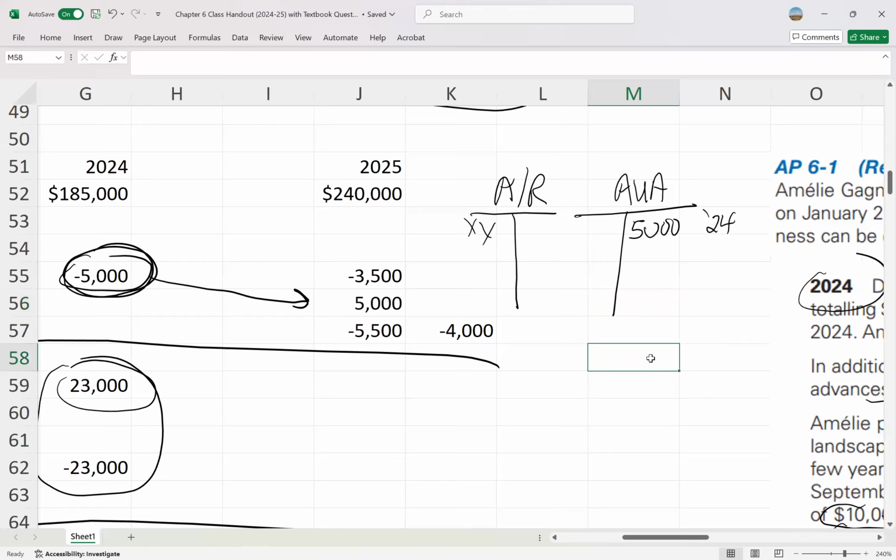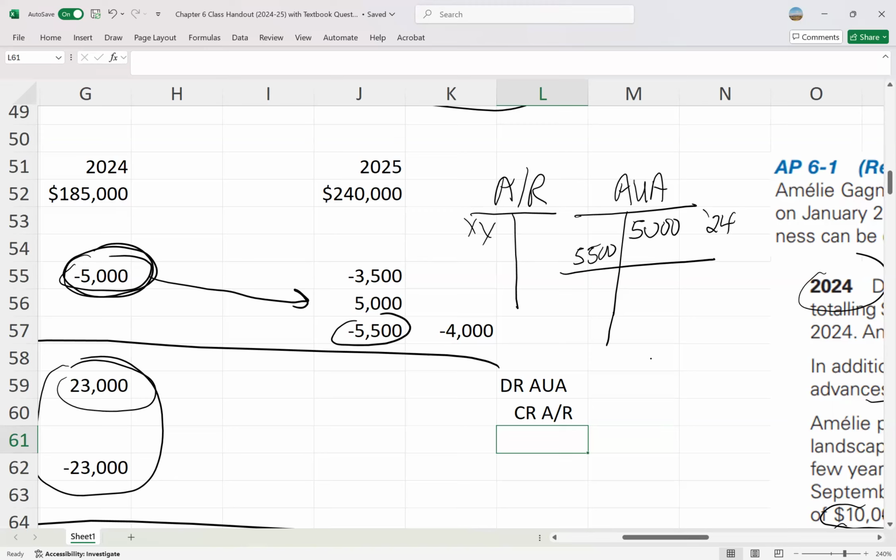We know that this year, 2025, we wrote off 5,500 of actual accounts receivable. So when you think about actual write-offs, the journal entry is to debit AUA and then to credit our accounts receivable. So when you do a write-off, you're just basically removing them from the accounts receivable listing, and then the debit would go to AUA. So we would have 5,500 here. And so we are now in a debit balance of $500.